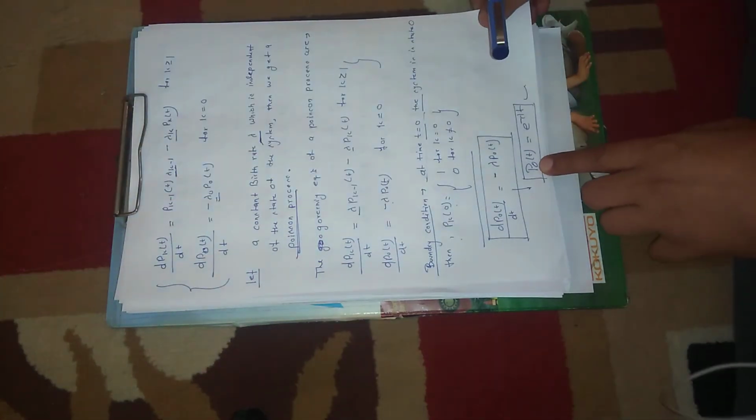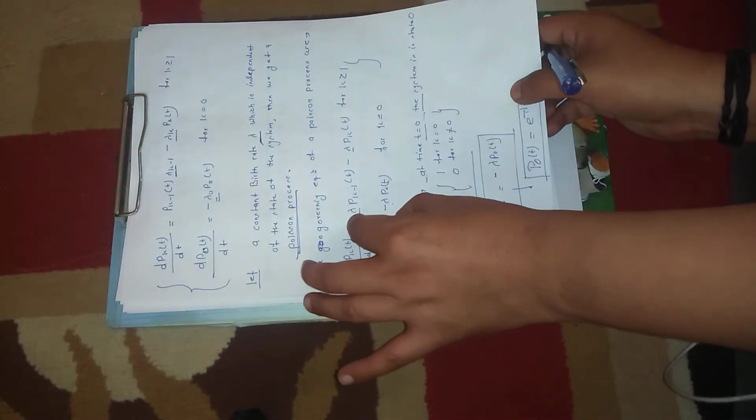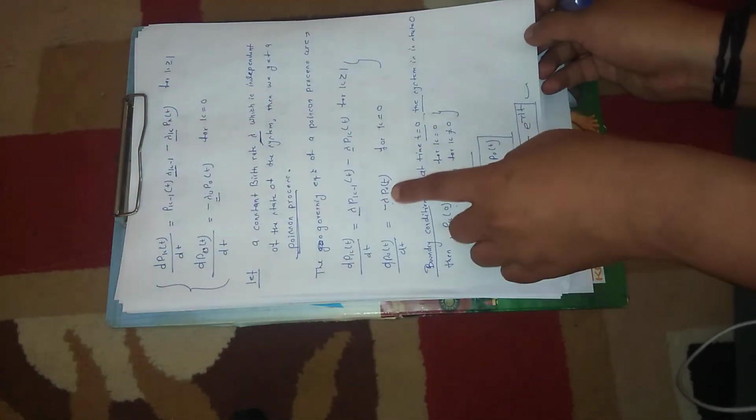Now this value of p_0(t) we apply in these equations, and we get the expressions for the Poisson process.